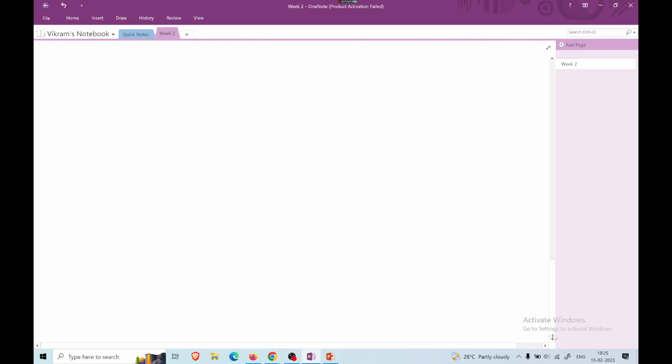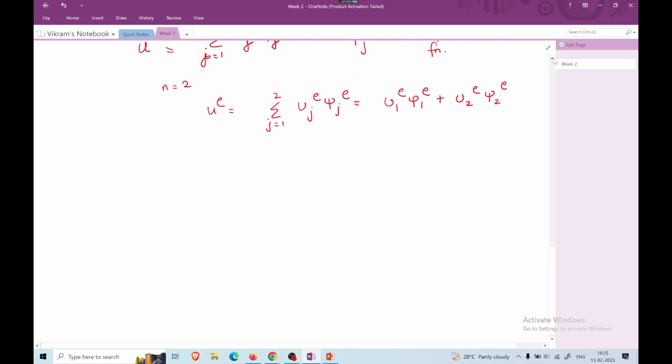So how are we going to assume the interpolation function? psi 1 is equal to 1 minus x by h, psi 2 is equal to x by h. About the nature of the interpolation function: this is 0, this is h. So psi 1 goes like this: at x equal to 0 it is 1, at x equal to h it is 0.